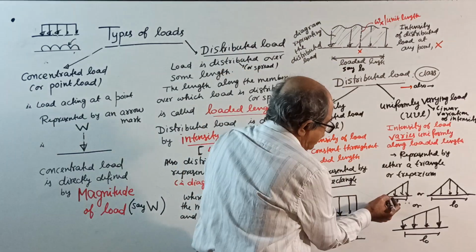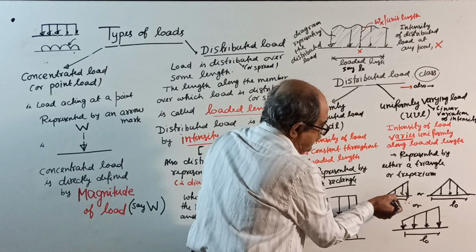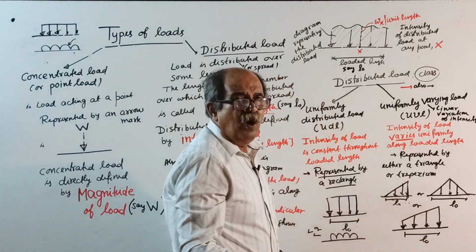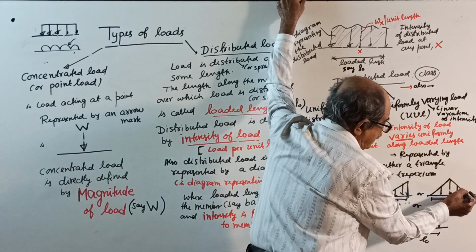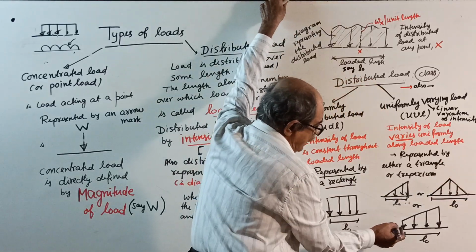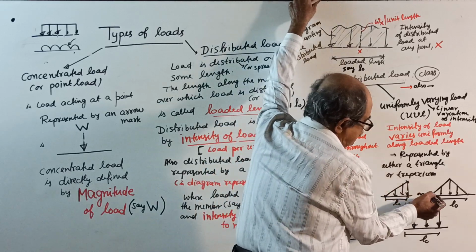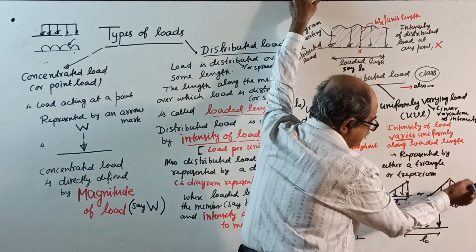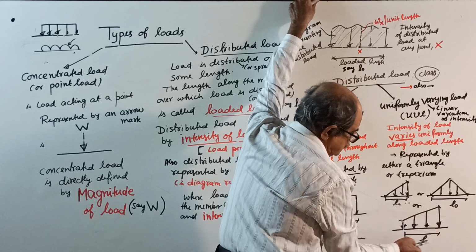Here, by a triangle, this way. Here, loaded length, intensity varies. I will give all the cases. Or it can be like this also. This is also a triangle, L naught. Or it can be this way: 0, maximum, once again 0. Here, minimum to maximum.